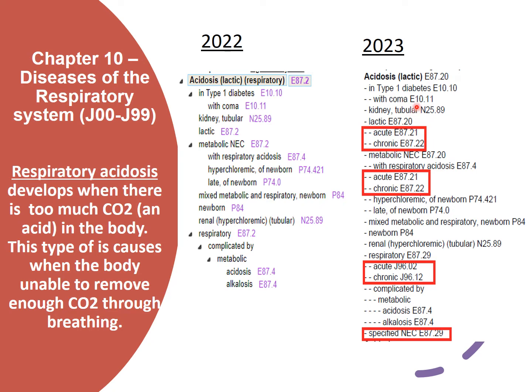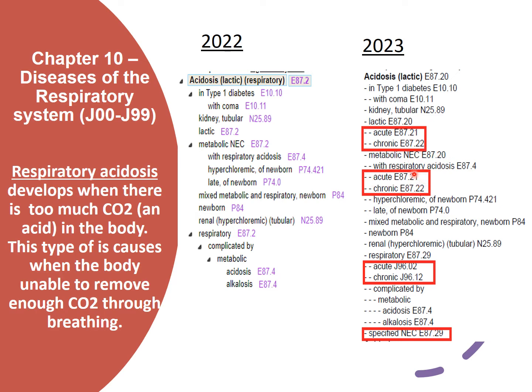So E87.20 for unspecified type, and for lactic acidosis, it is E87.20. For acute lactic acidosis, it is E87.21. For chronic lactic acidosis, it is E87.22. Coming to metabolic acidosis, NEC is E87.20.